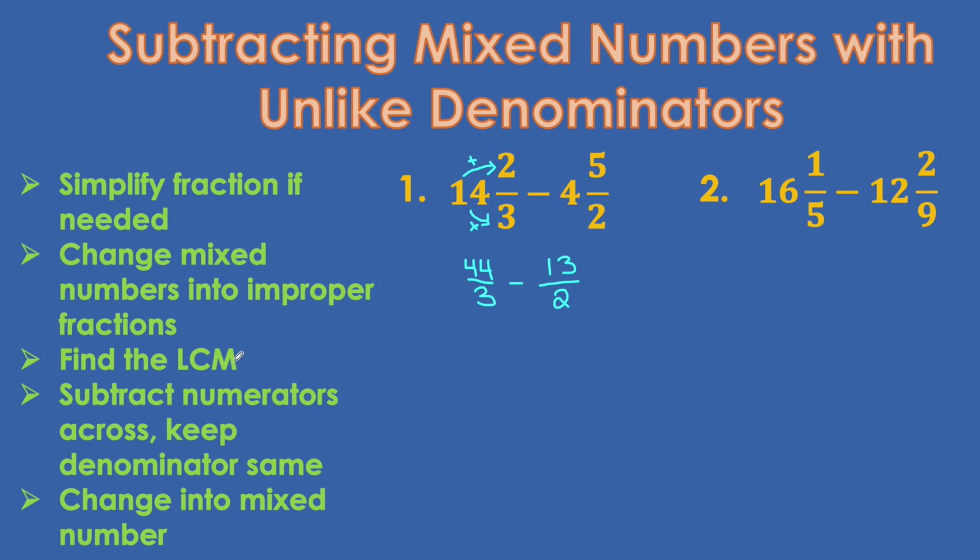Now we want to find the LCM. The LCM between 3 and 2, the least common multiple, is 6. So we're going to multiply the second fraction's denominator by 3, then the first fraction's denominator by 2.